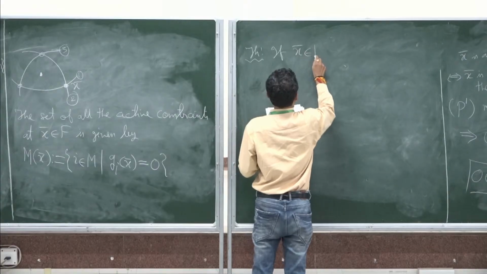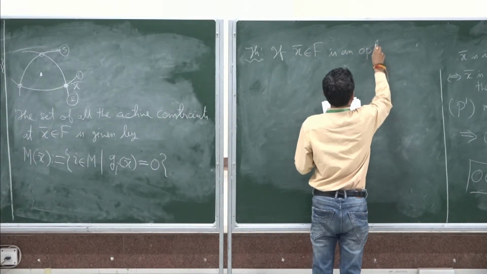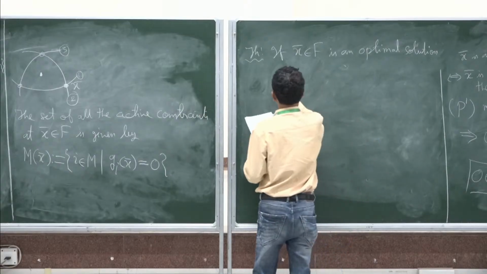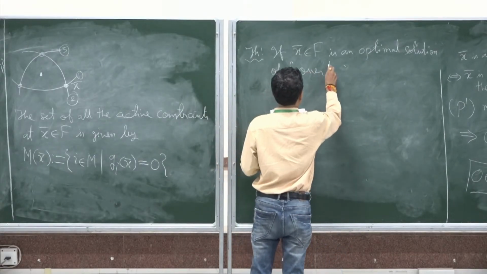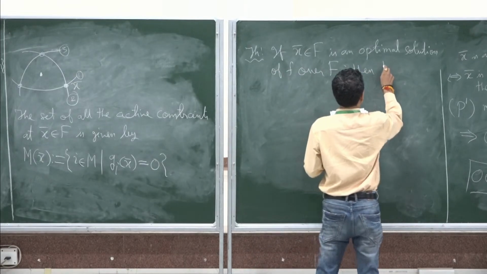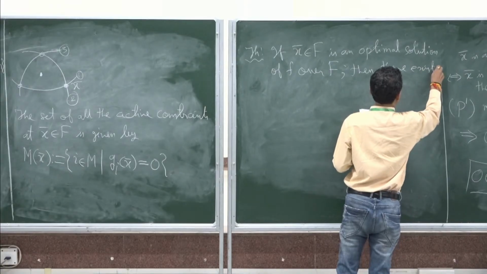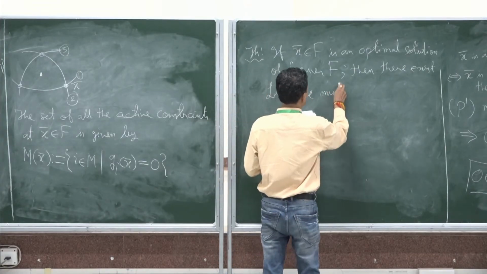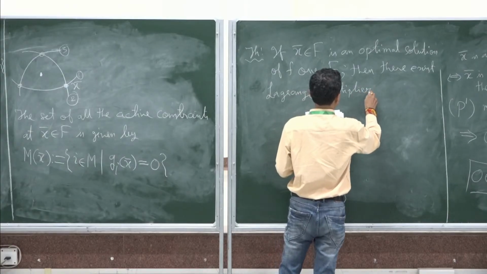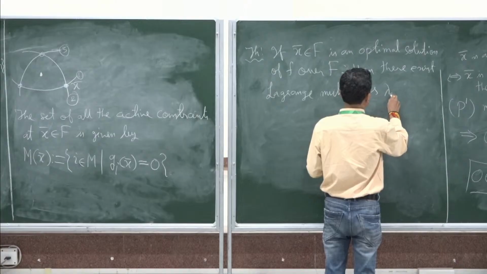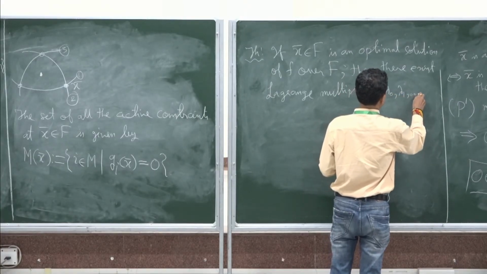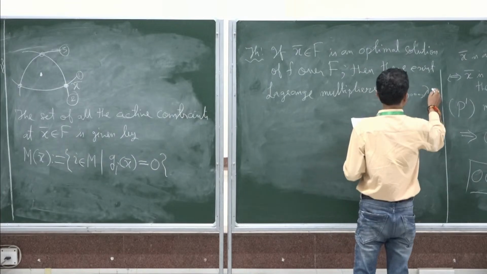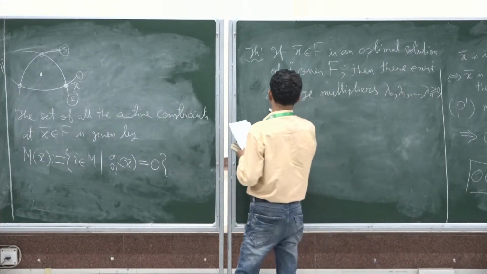If x bar in F is an optimal solution of P over F, then there exist Lagrange multipliers. So we take lambda naught and lambda 1, up to lambda m. These are greater than or equal to 0, not all 0.